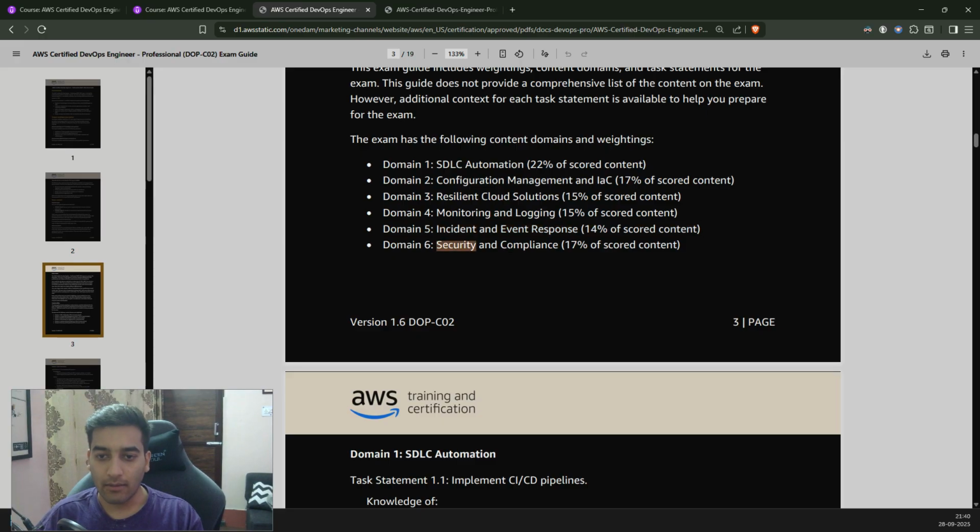Then with security and compliance, I think IAM, GuardDuty, AWS Inspector, your WAF, your Shield, and also in all of these domains, a lot of AWS ALB, including NLB and Gateway Load Balancer, all of that is very, very important.